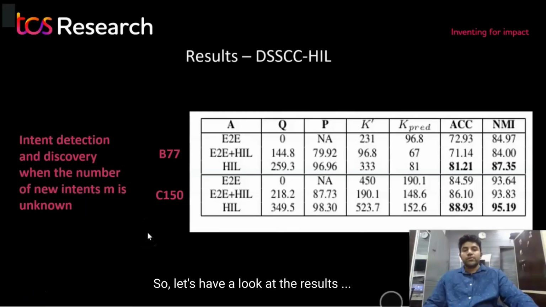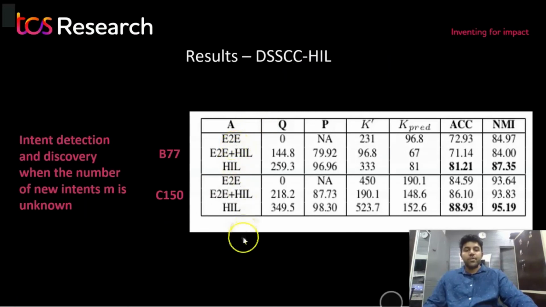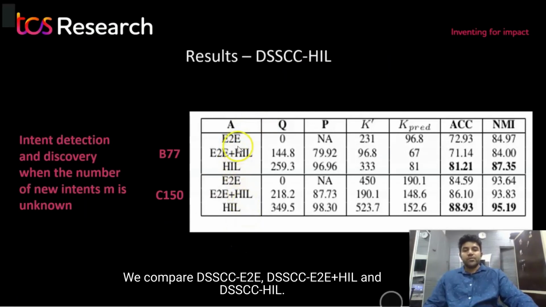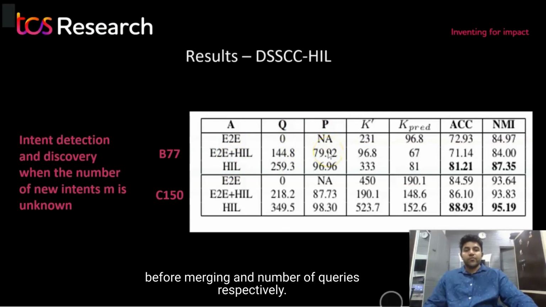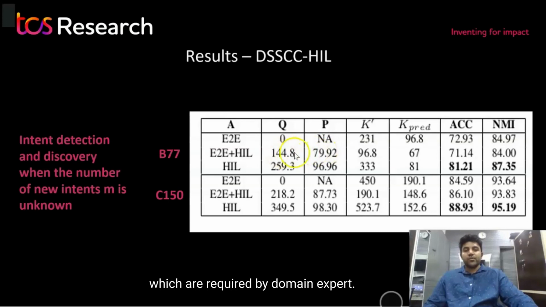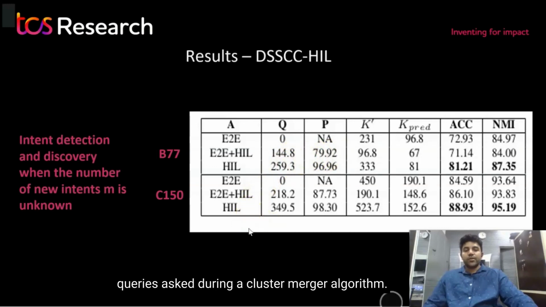So let's have a look at the results of DSCC-HIL as compared to our own end-to-end approach. We compare DSCC-E2E, E2E plus HIL, and HIL. P and Q here refer to the average cluster purity before merging and the number of queries, respectively, which are required by a domain expert. Here we have used Oracle ground truth cluster labels instead of a domain expert to answer queries asked during the cluster merging algorithm.